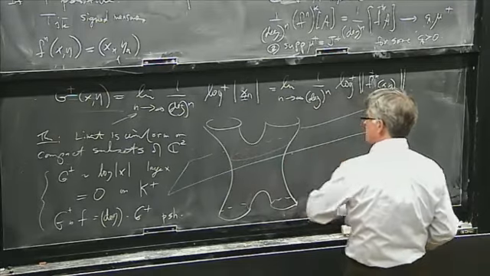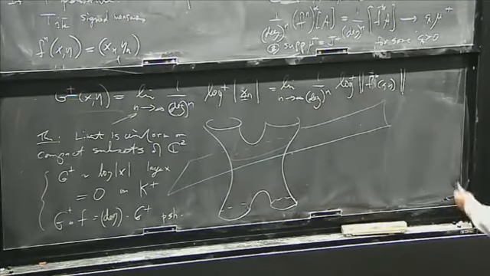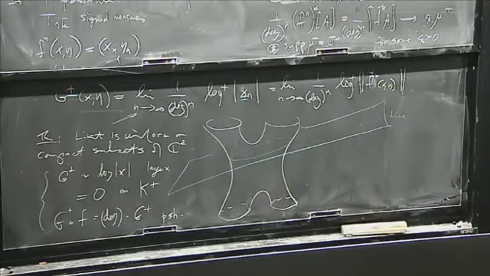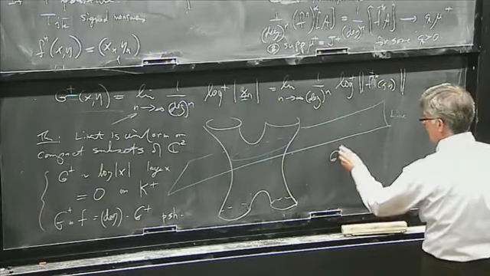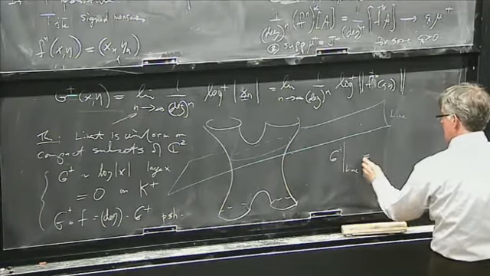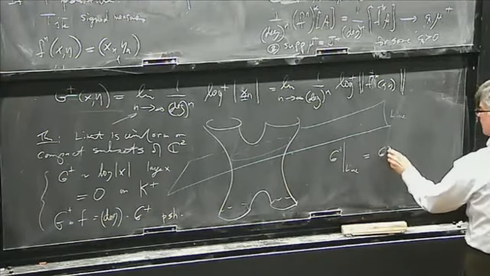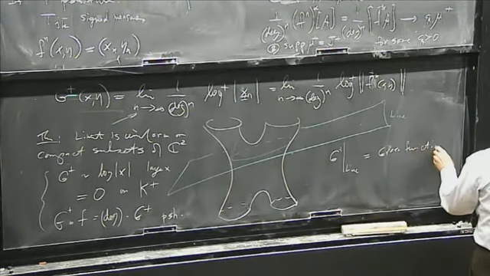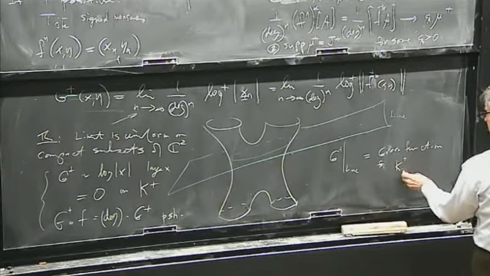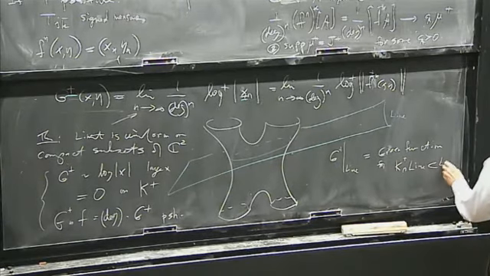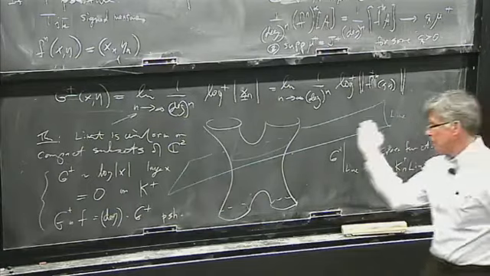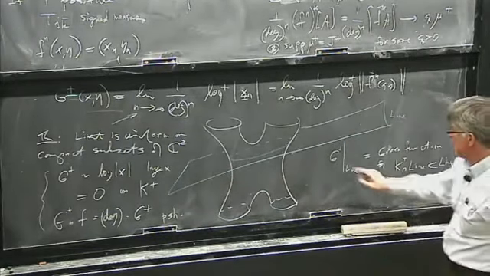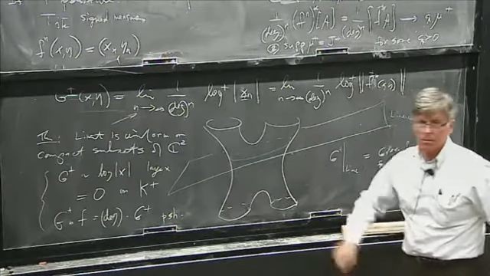Then if I look at g plus on this line, this is the same as the Green function for K plus intersected with the line, inside of the line. In other words, I have a copy of C here, I could intersect with this, and I get a Green function.